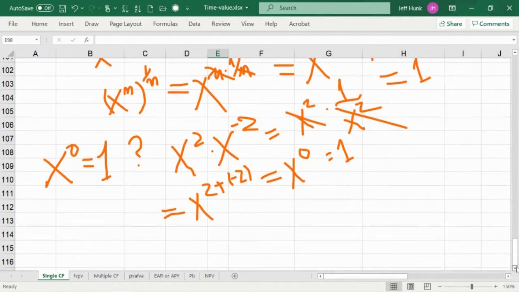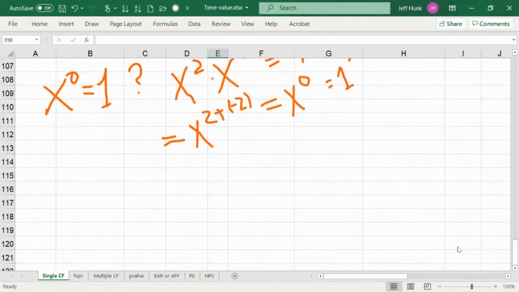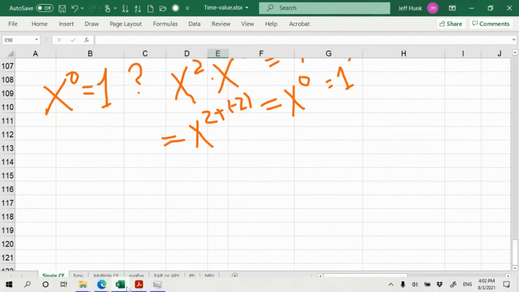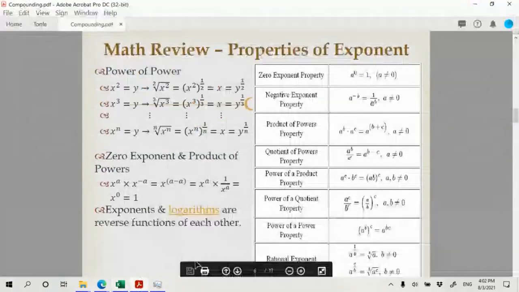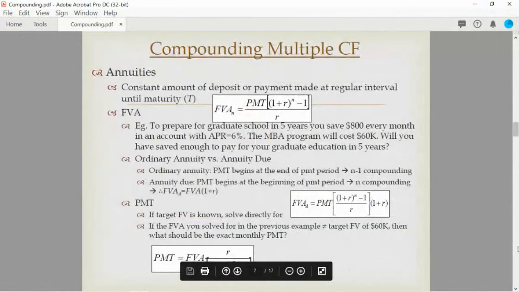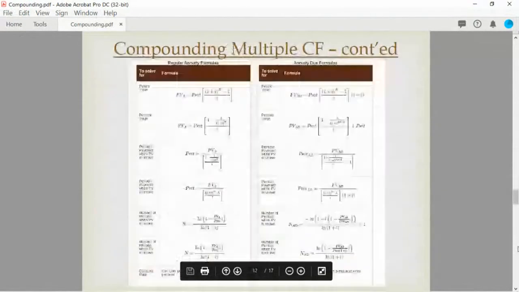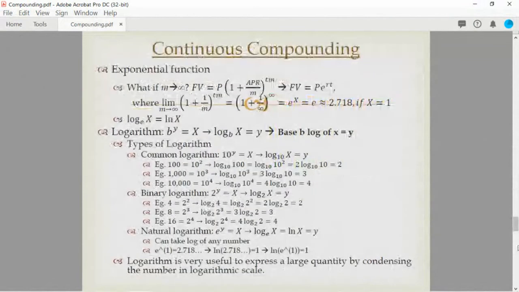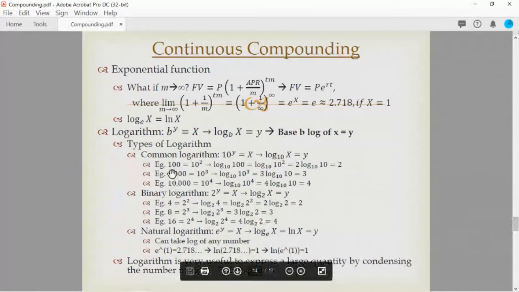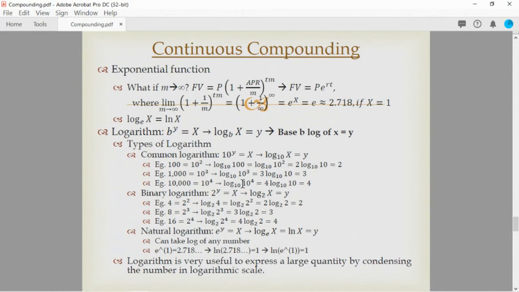Now, next thing. Before talking about Euler's number, what is log or logarithm? A logarithm is basically expressing a number by its exponent.